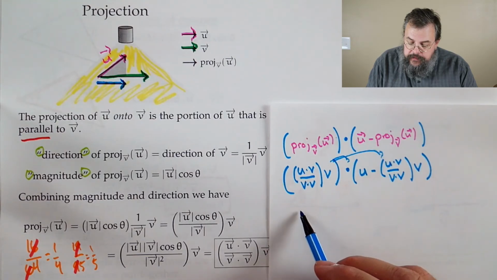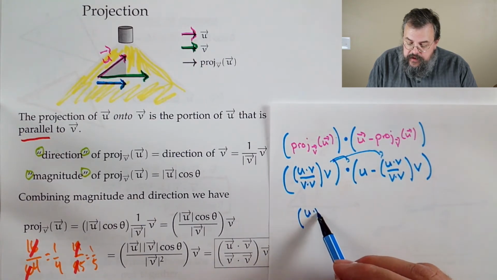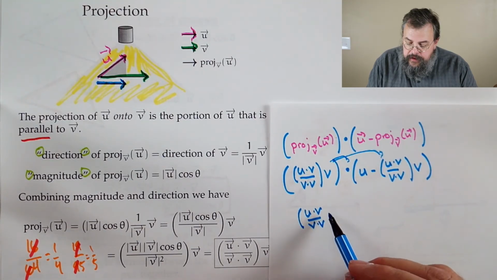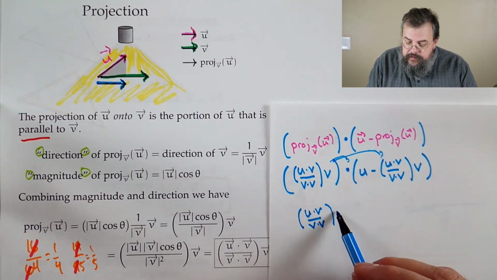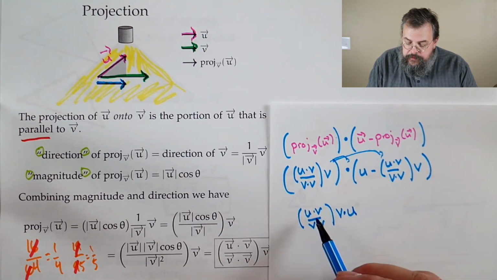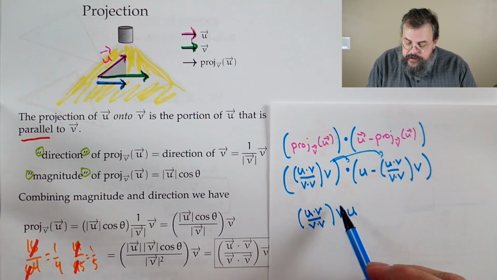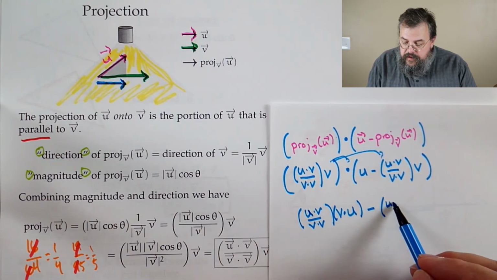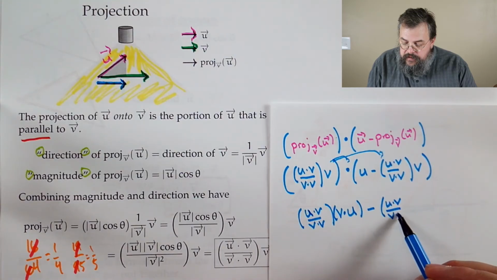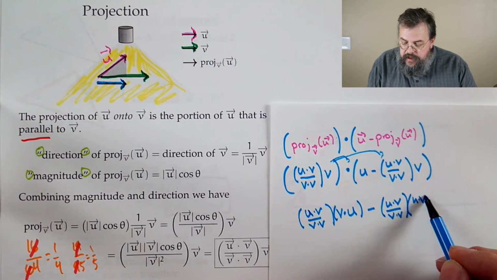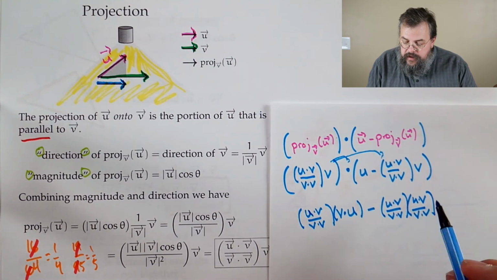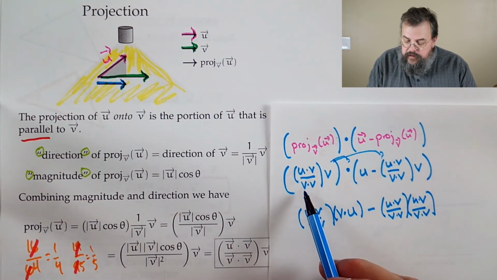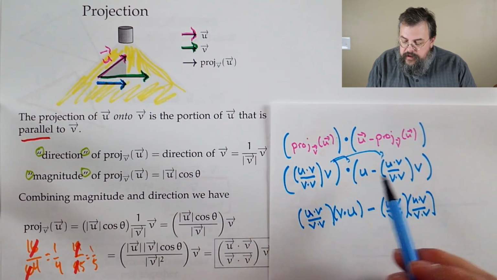Well, we have from the first term this constant u dot v over v dot v, and then we have v dot u. So that's the first piece. Minus, from the second piece, u dot v over v dot v, and there's a u dot v over v dot v, because it's this constant, that constant, and v dot v.